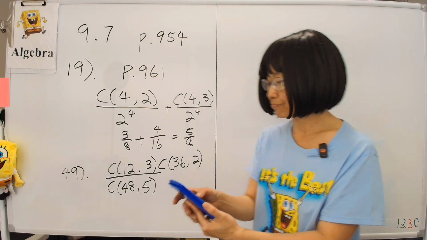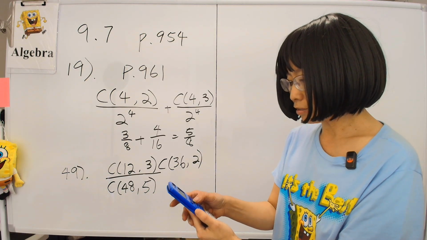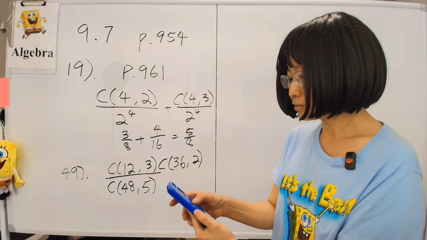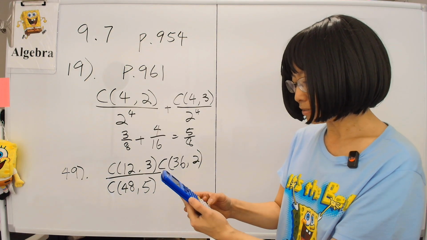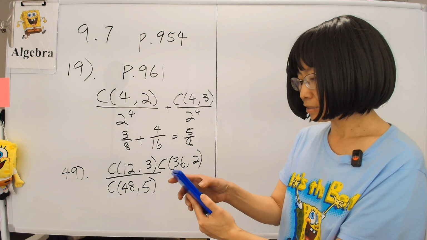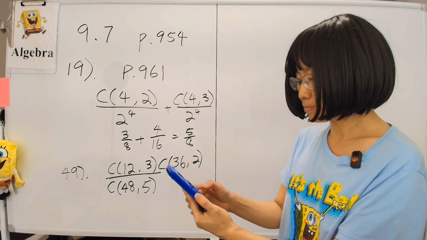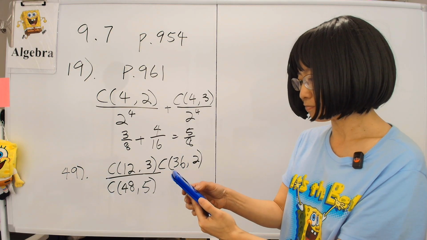So our problem now becomes, it's still 12 choose 3, and we need to multiply it by 36 choose 2, and then divide by 48 choose 5.